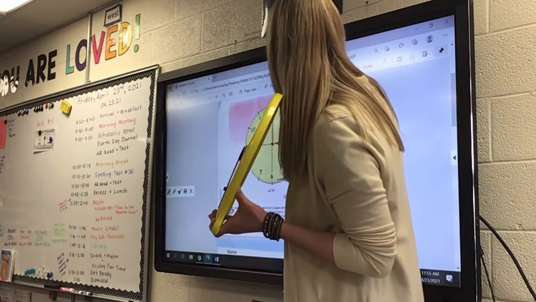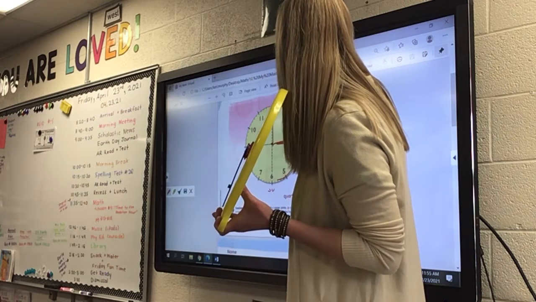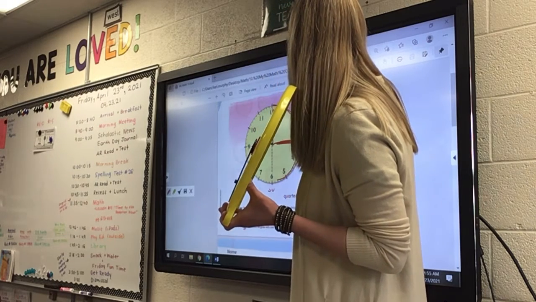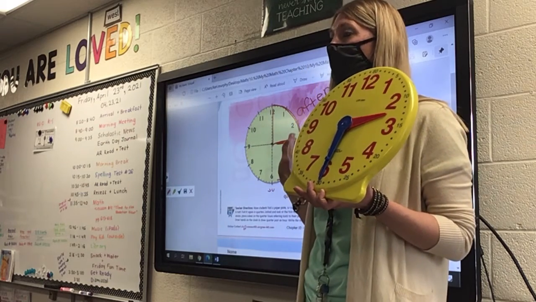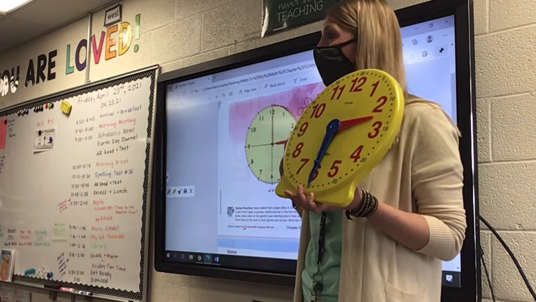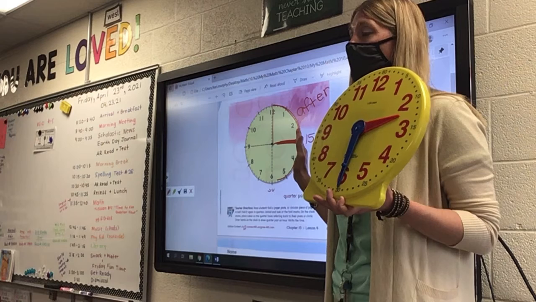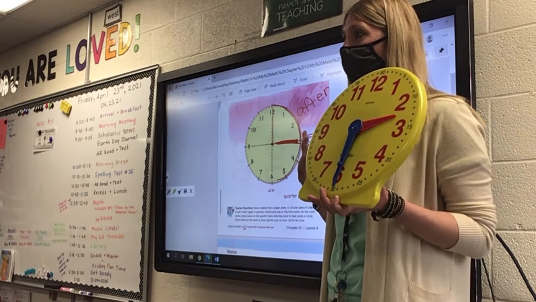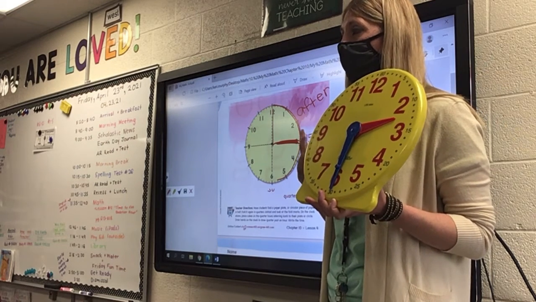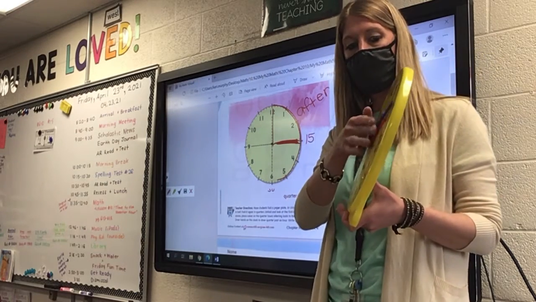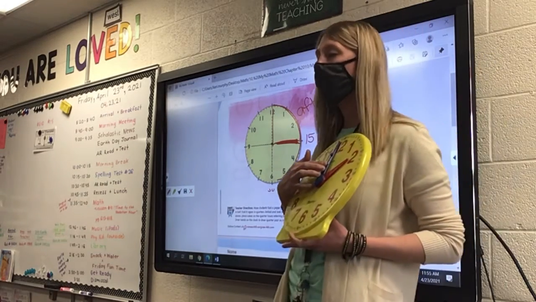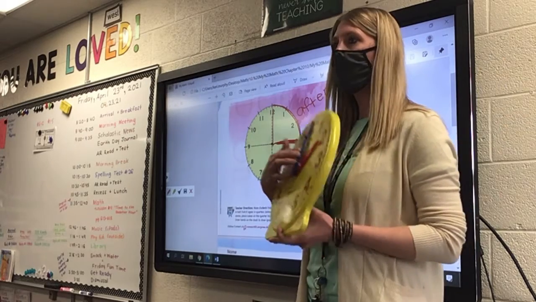Now I'm going to write the word up here, after. That is the key word. We are going after the hour. Addie, yesterday, I knew that it was 15 without even looking up there. Okay, good.